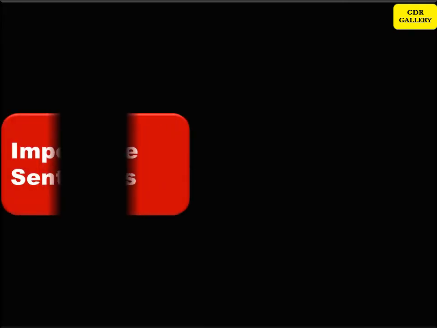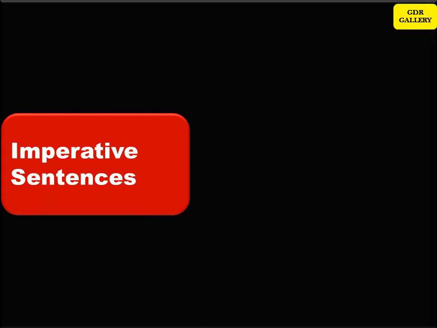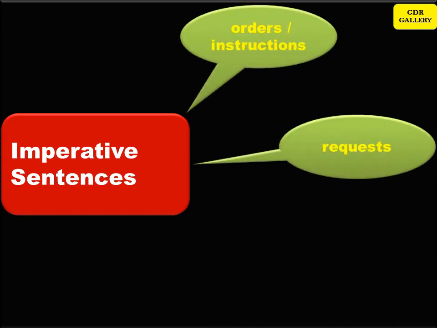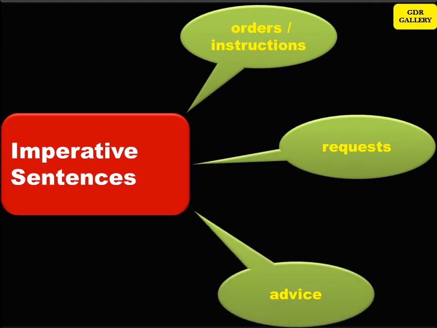Now, let's learn about imperative sentences. Sentences that are used to give orders or instructions, make requests, or offer advice are called as imperative sentences. Now, let's look at some examples of imperative sentences.